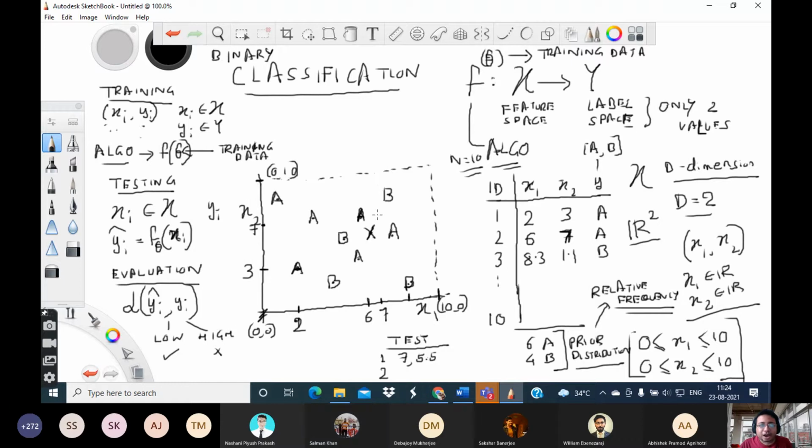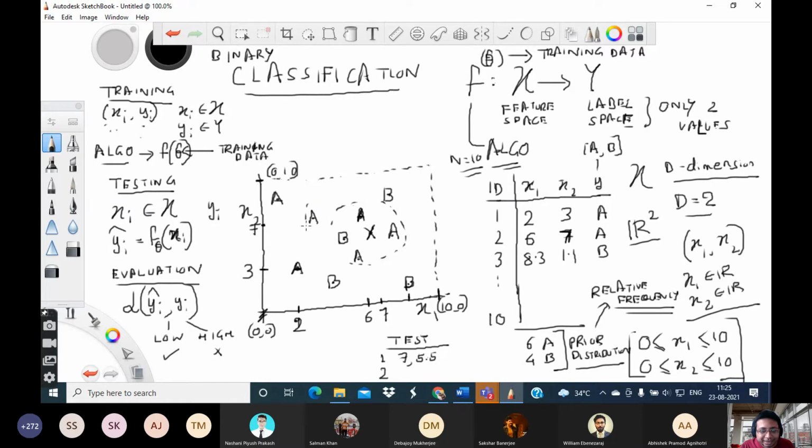The question is, how do I define a neighborhood? You are considering these 4 points as its neighbors. So basically, you are imagining a circle like this, which includes these 4 points, and on the basis of that, I am saying that A is the majority. So what is special about this circle?